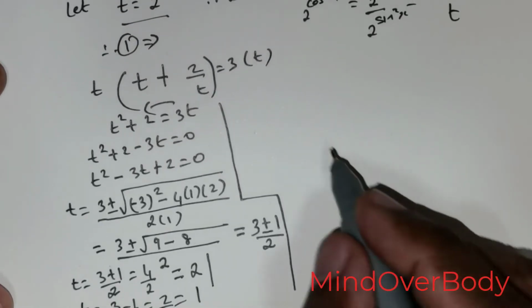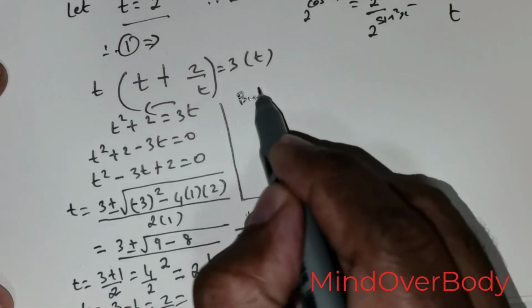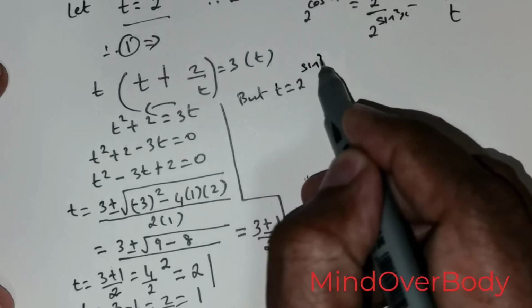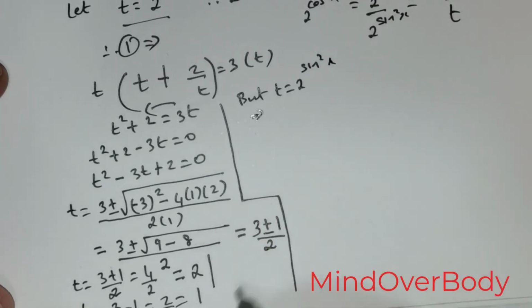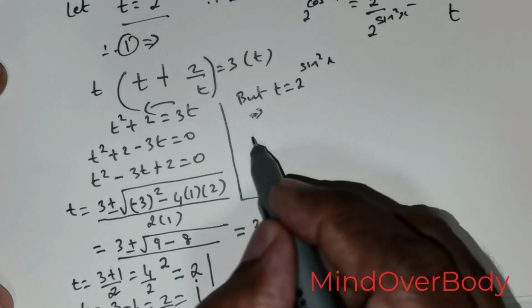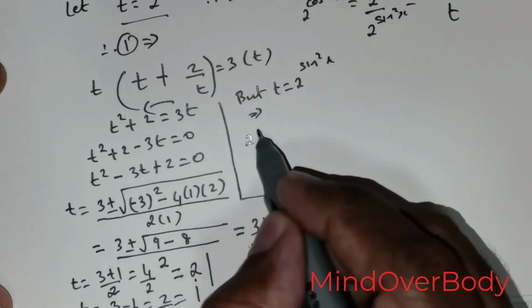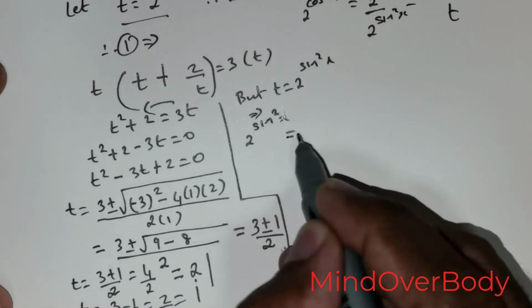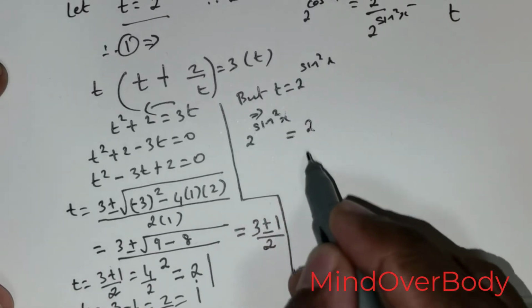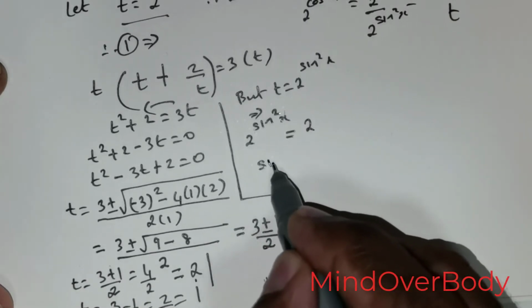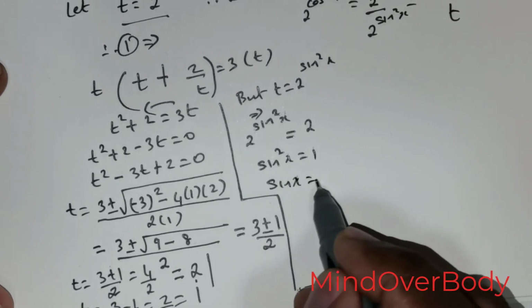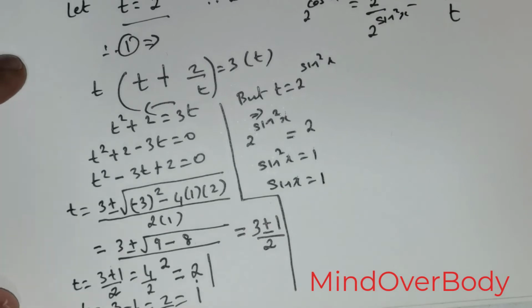Now my t is 2 raised to the power of sine squared x, so when t is equal to 2, I'm going to rewrite this as 2 raised to the power of sine squared x is equal to 2, which means sine squared x is equal to 1, which means sine x is equal to 1, right?